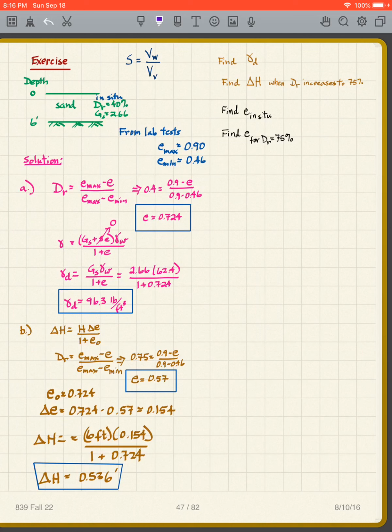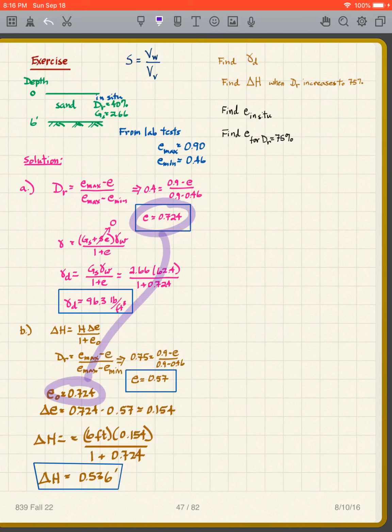Then we need to find the E for the relative density of 75%. So we do the same calculation that we did up here, but with 75%, we get an E of 0.57. So when we want to use our expression, delta H is H delta E over 1 plus E naught, then our E naught becomes what? 0.724.